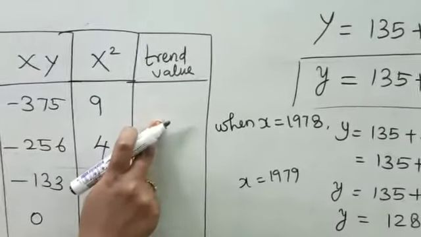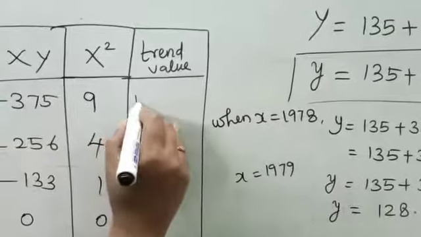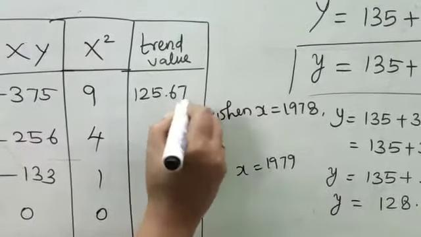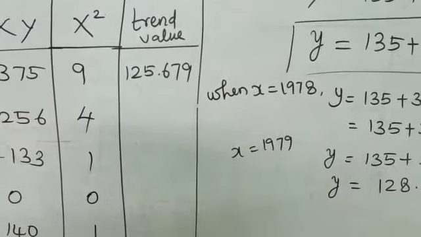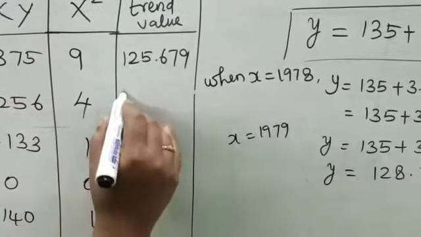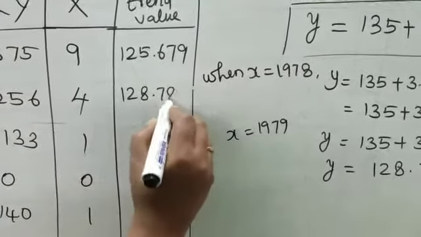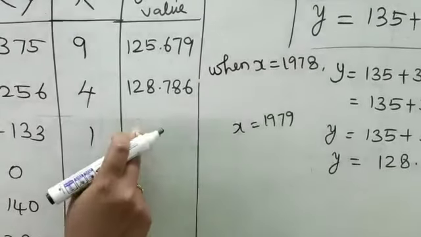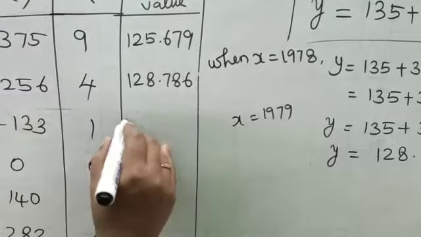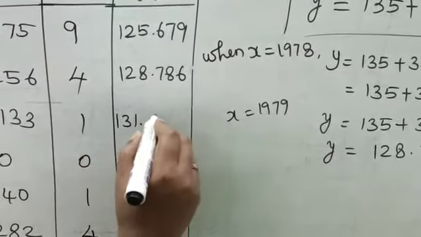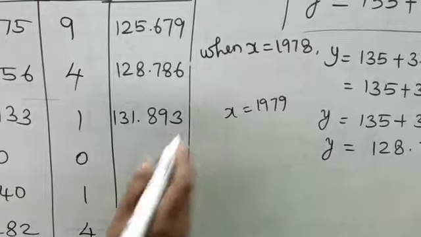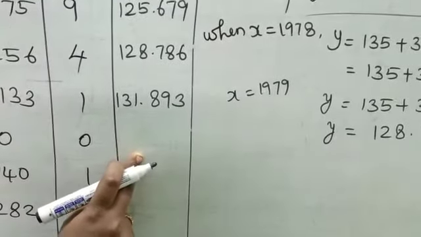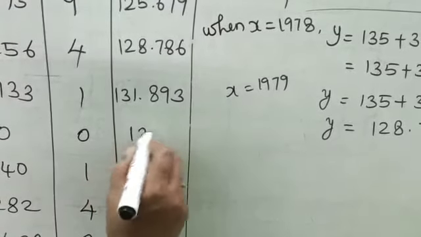Now the trend value for 1978 is 125.679. Trend value for 1979 is 128.786. Trend value for 1980 is 131.893. Trend value for 1981 is 135.